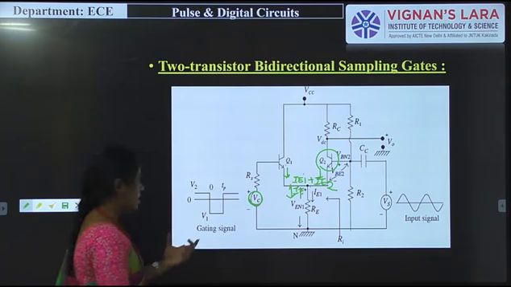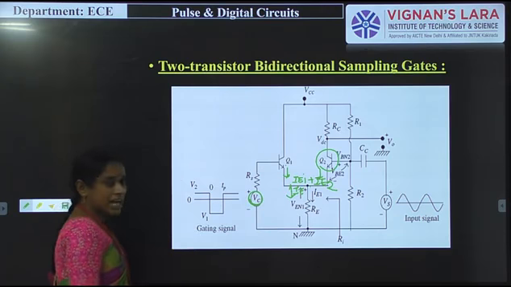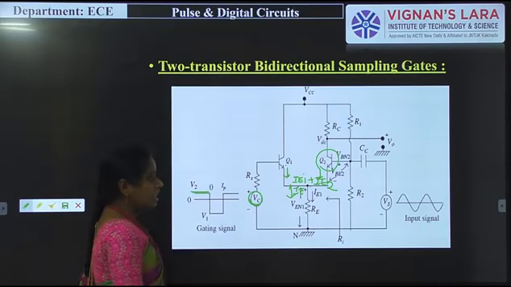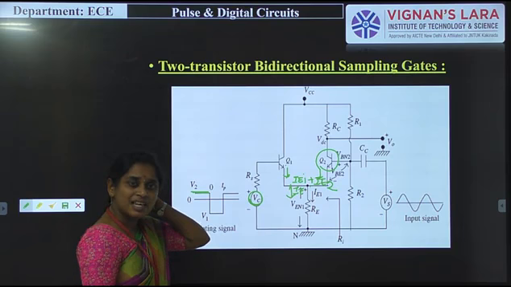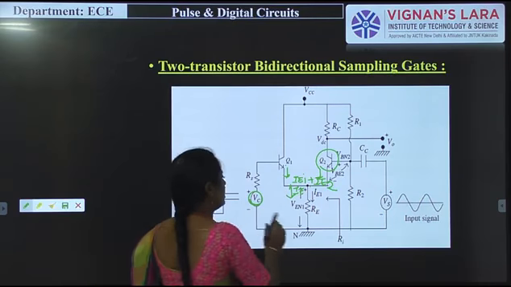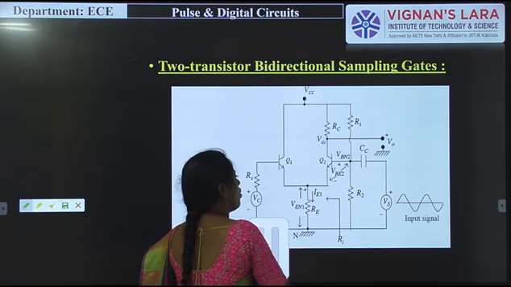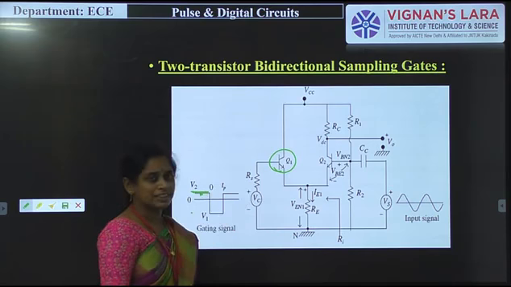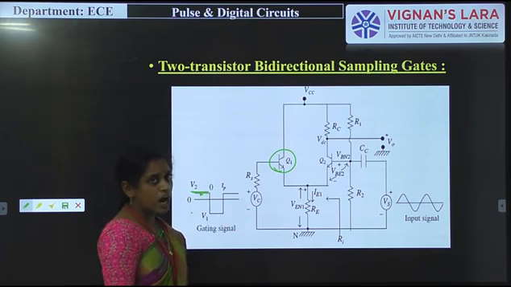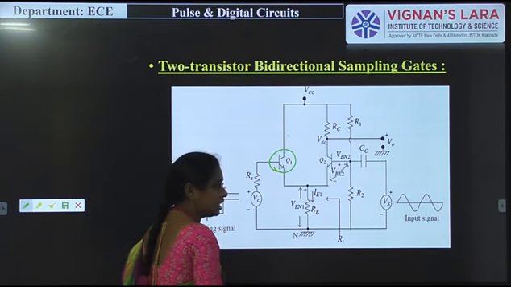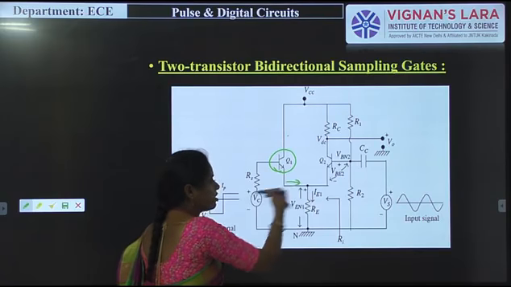Now let's check the operation of this transistor. In the first condition I am giving an input signal V2, applied to the transistor Q1. During this time the transistor Q1 goes to the active region, when a positive signal is applied. The IC current increases, and the IE1 current also increases.